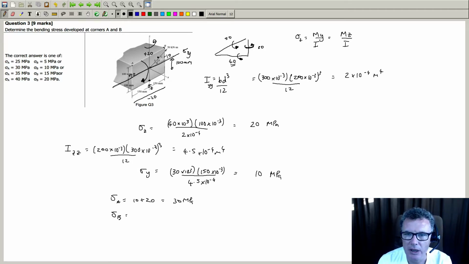Okay, so here we're going to have a minus 10 at that point, and then we're going to have a plus 20. So we're going to have 20 minus 10 equals 10 megapascals. So it's looking like this one here is the right answer.